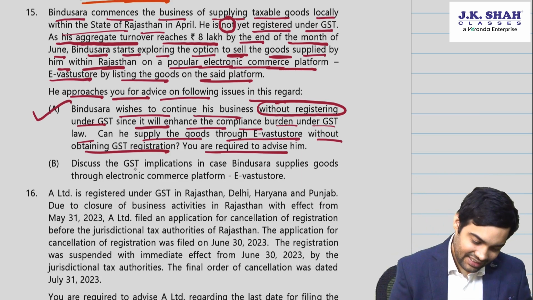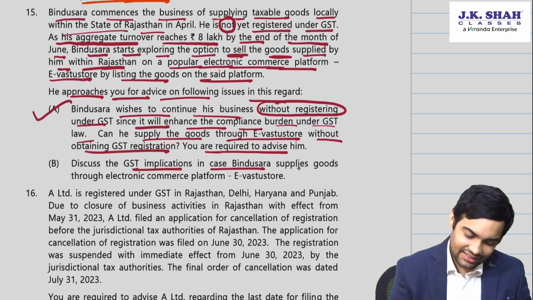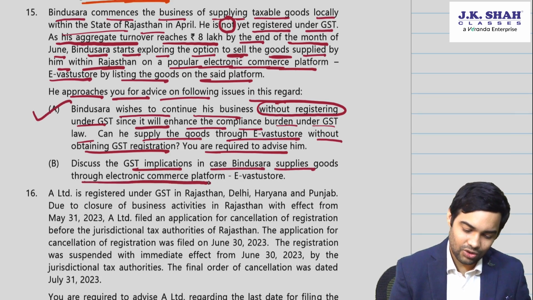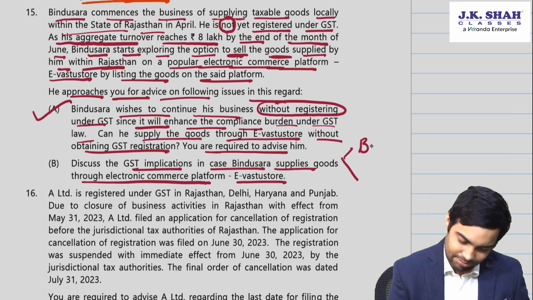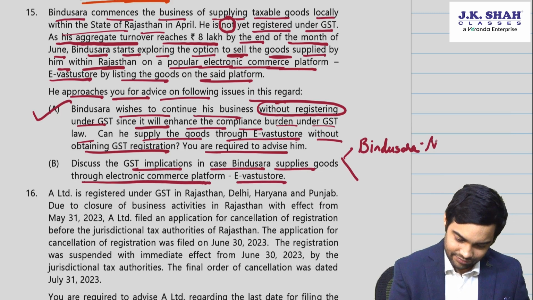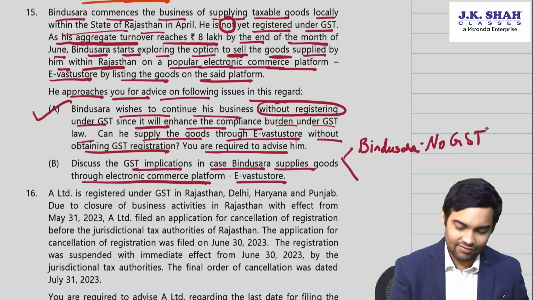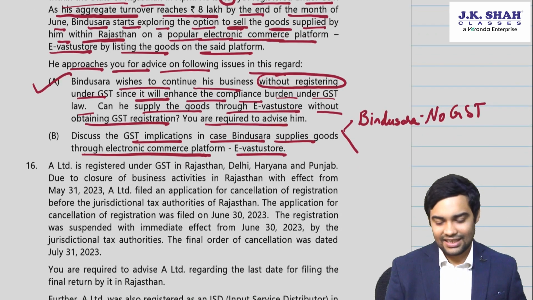Then discuss the GST implications in case Bindusara supplies goods through e-commerce operator e-Vastu store. So GST implication on Bindusara will be no GST, because obviously he can sell without registering under GST.